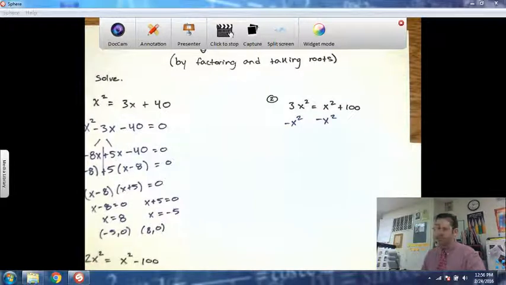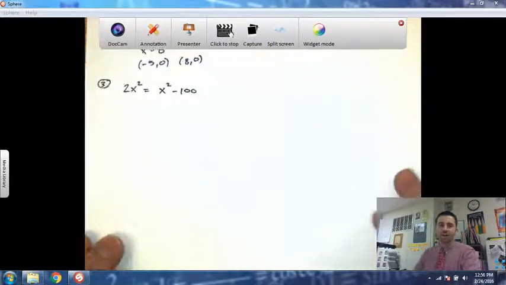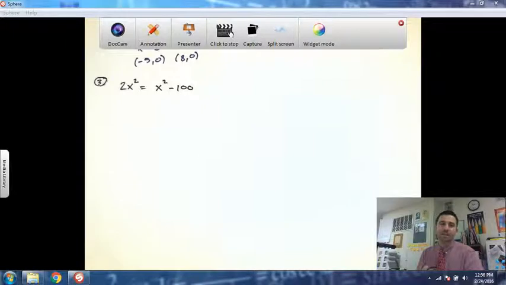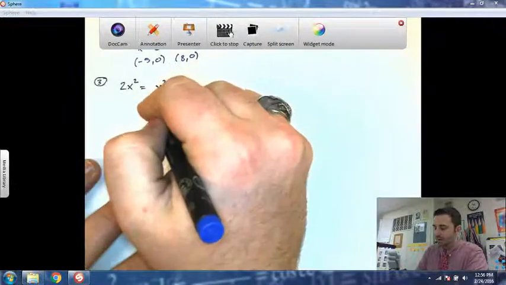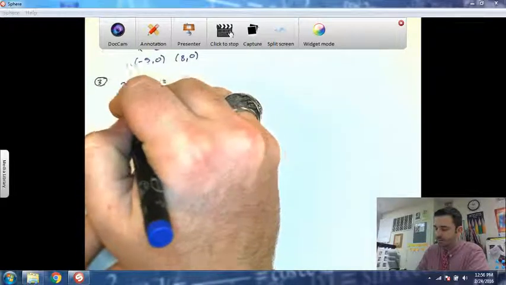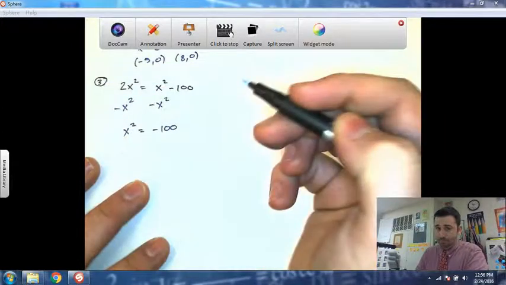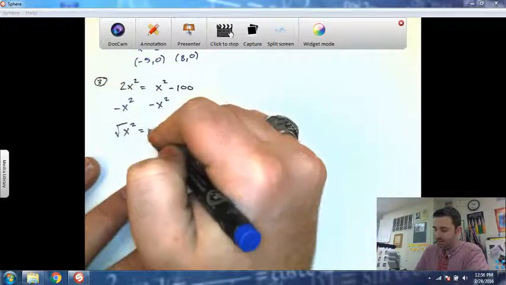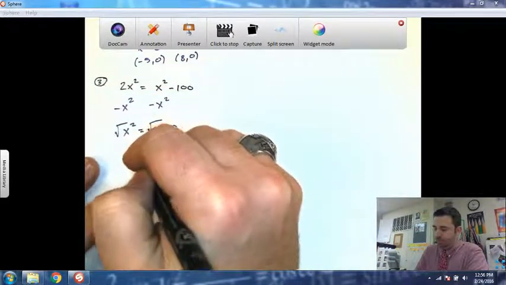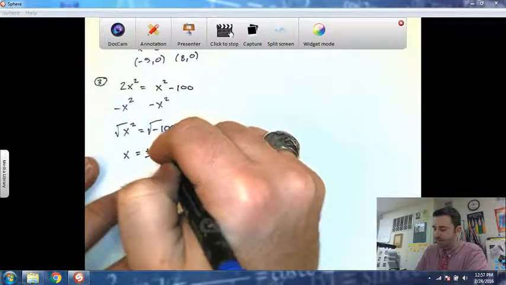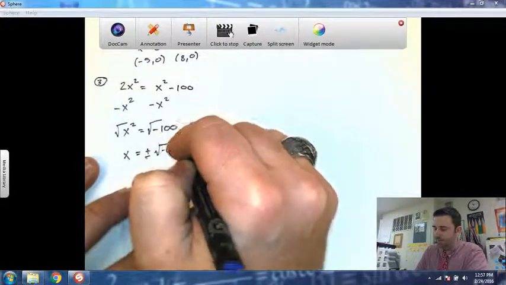The next example that we're going to look at is again taking roots, because I know this because it doesn't give me an x term, just an x squared. So then if I again isolate the x squared and then move forward in solving by taking square roots, well, notice here I get the square root of negative 100.